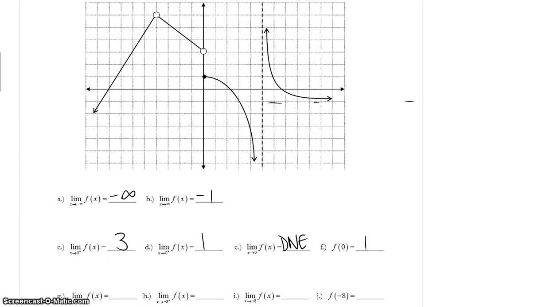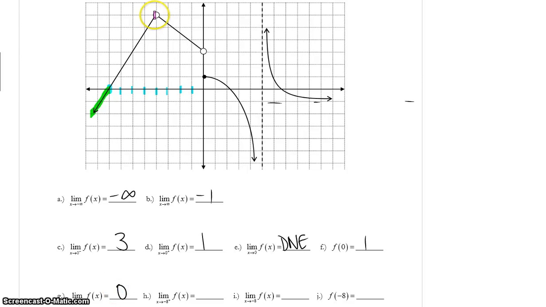Okay, let's look at our next one. The limit as x approaches negative 8 from the left side. So let's see where my negative 8 is. 1, 2, 3, 4, 5, 6, 7, 8. So here's negative 8. As x is approaching negative 8 from the left, it approaches 0.